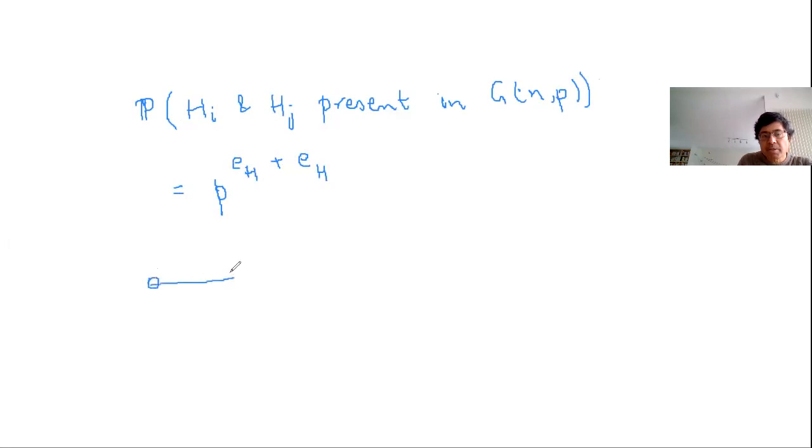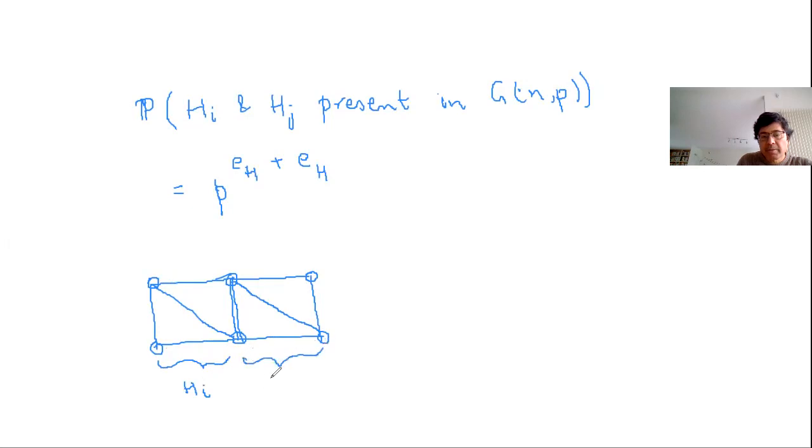So if we had this particular pattern, here this is Hi, this is Hj, and they intersect in the subgraph H prime, which is two vertices joined by an edge.